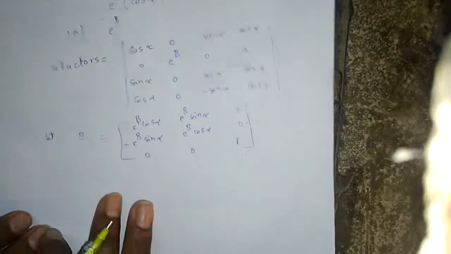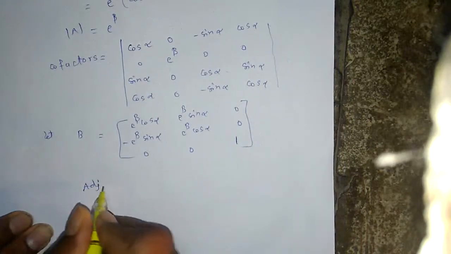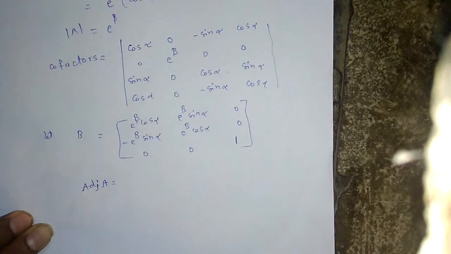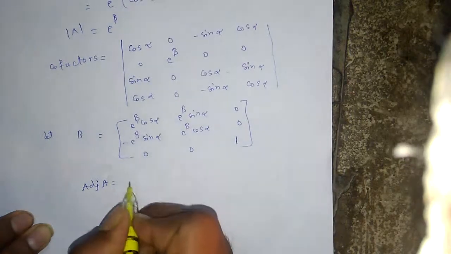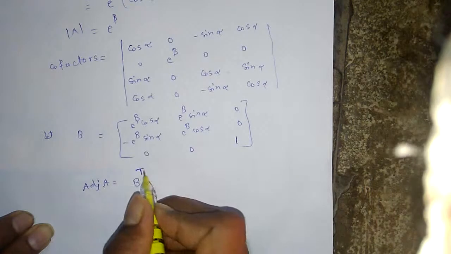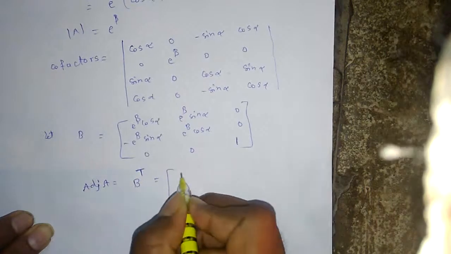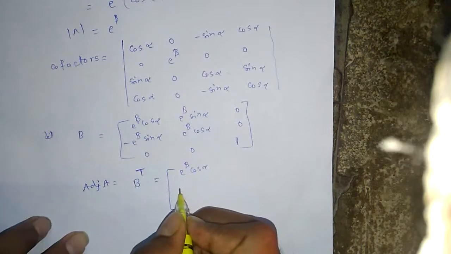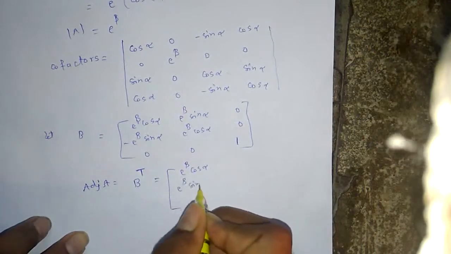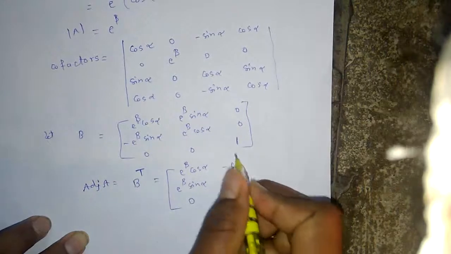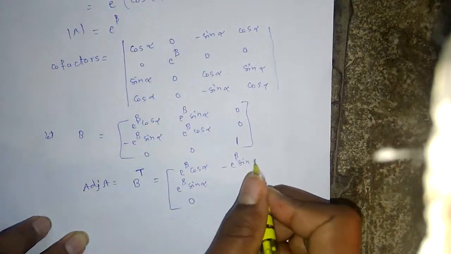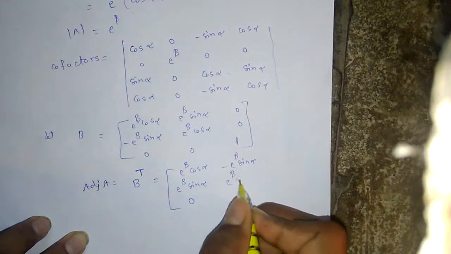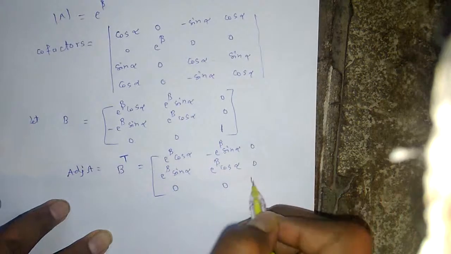So this is the cofactor matrix. We need to find the adjoint of A. Adjoint of A is the cofactor matrix transpose, that is B transpose. You will get e power beta cos alpha, minus e power beta sin alpha, 0; e power beta sin alpha, e power beta cos alpha, 0; 0, 0, 1. This is the adjoint of A.